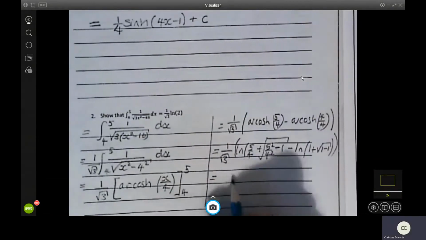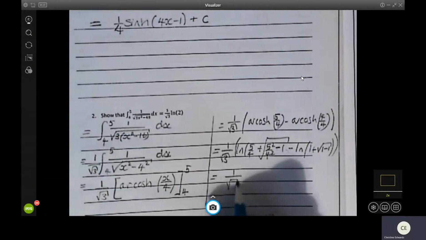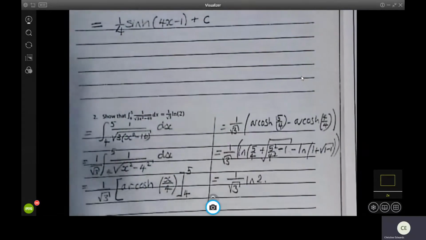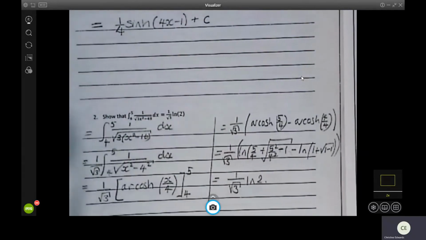Laws of logs then allows me to simplify this to 1/√3 log 2. So that's using the rules for integration of inverse hyperbolics.